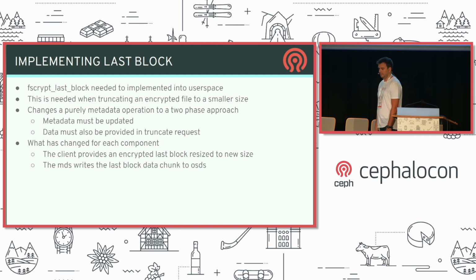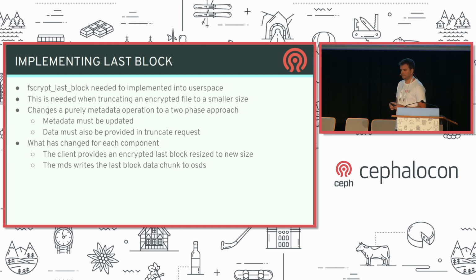So this is needed when truncating an encrypted file to a smaller size. Traditionally, the truncate happens, a client sends, I want to make this file this size, the metadata server does everything in order to truncate it, etc., and then gets the new size back.